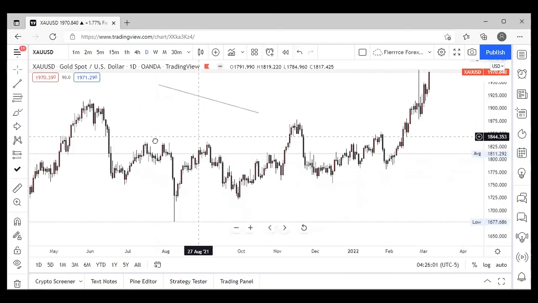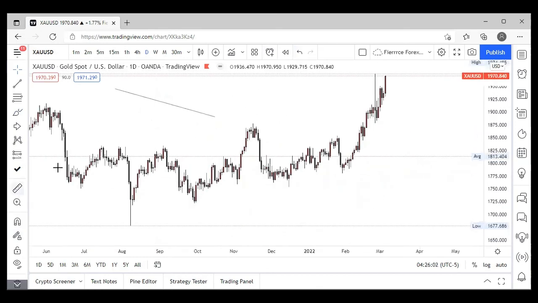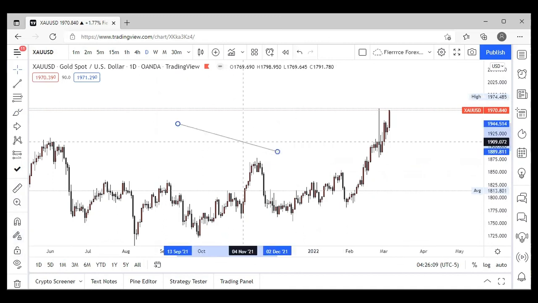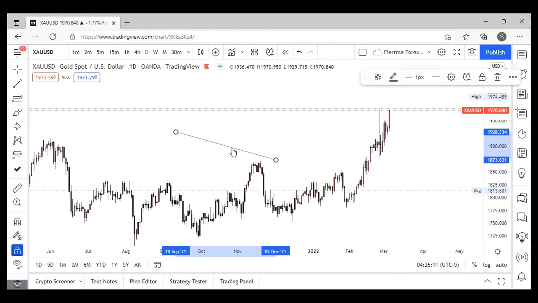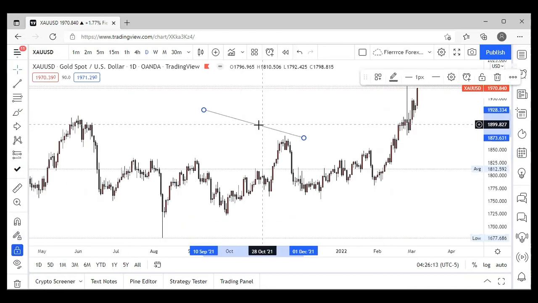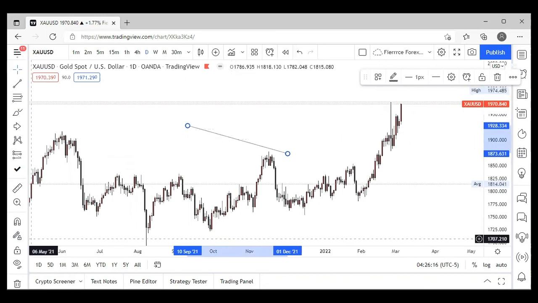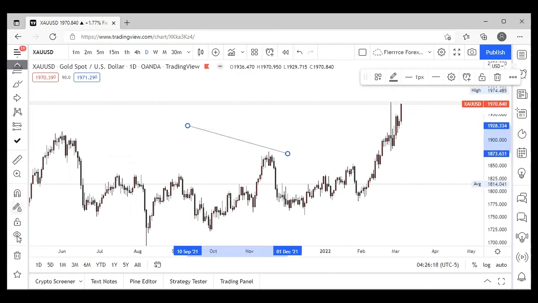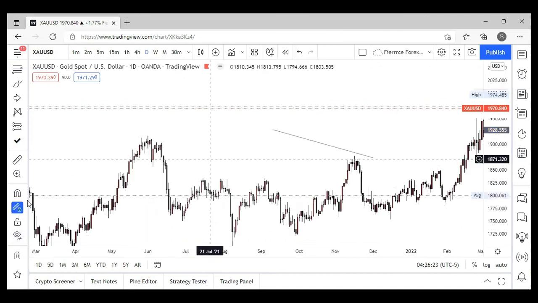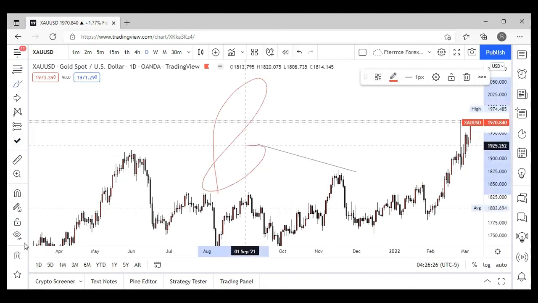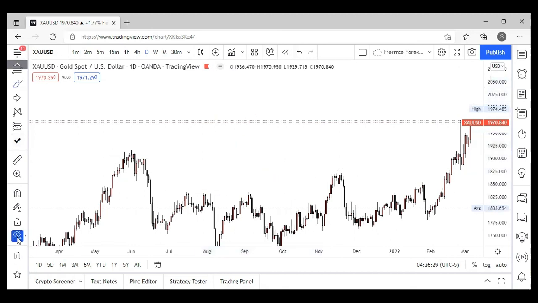Then we have this here, which locks all my drawing tools. Right now I can move my drawing tools, but when I click on this and try to move this, I can't move it. Now we have this final one here. I've drawn things on my chart, and I can hide them.